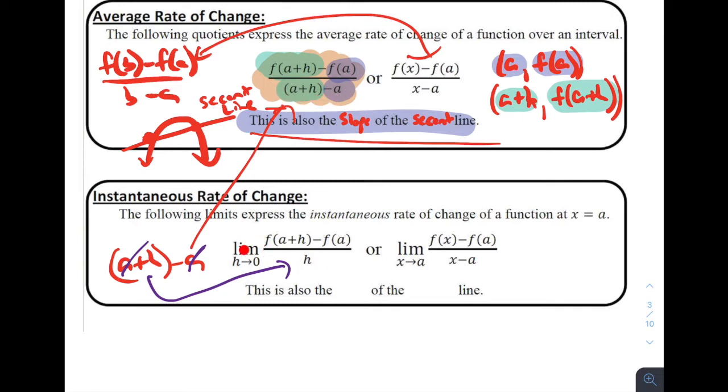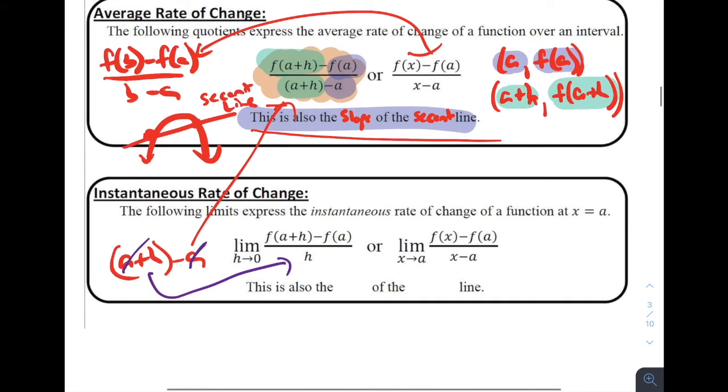So we also notice that this has a limit statement on it. But what is an instantaneous rate of change? If we think back to chapter 1, we had said that this is the slope of a tangent line at some value x equals a.